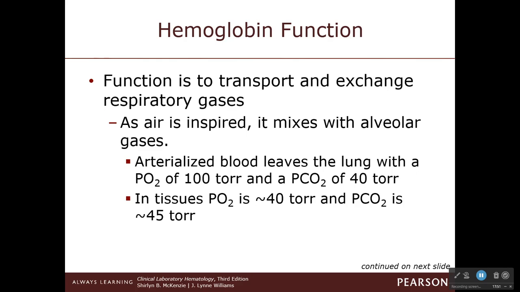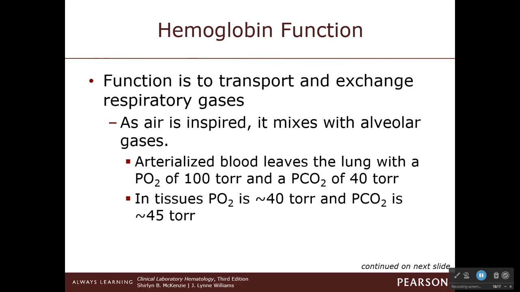So then write the opposite. I get a left shift when I have decreases in these. So what you see is you see the line coming here. Now in this case, we have an increase in affinity. As soon as oxygen becomes available, I grab a hold of it. Okay? But the problem is, not only am I grabbing it sooner, I'm also holding on to it longer up here.